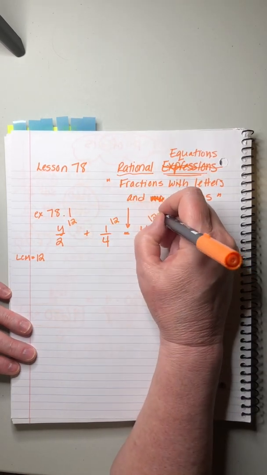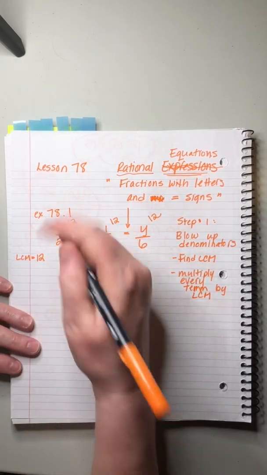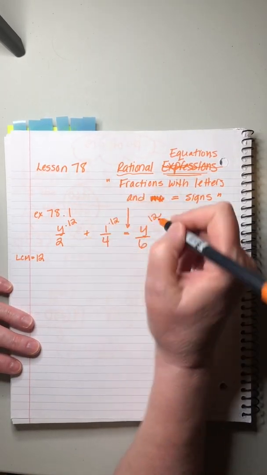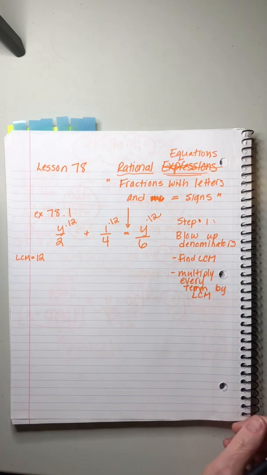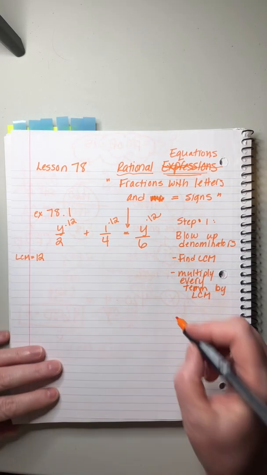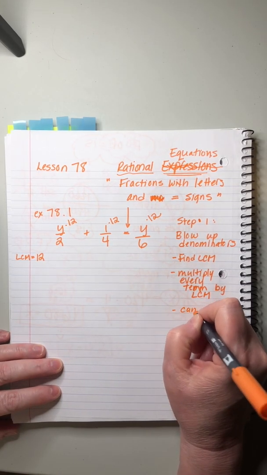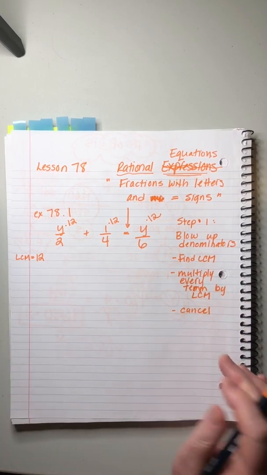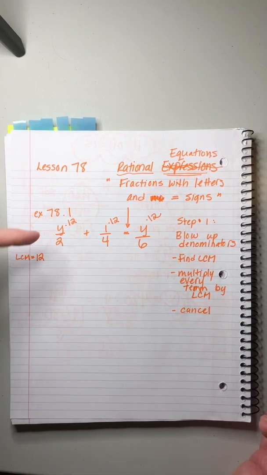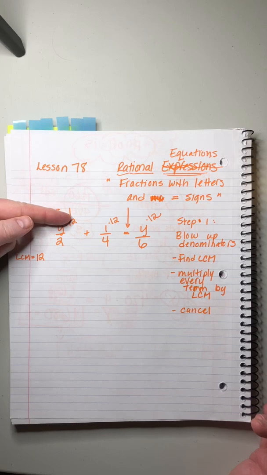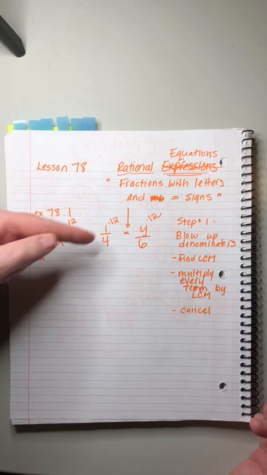Notice how I kind of write it at an angle like that? That's to remind me that what I'm doing here is I'm multiplying. Now, the next step in this process is to cancel what we're multiplying by, the LCM, against our denominator.